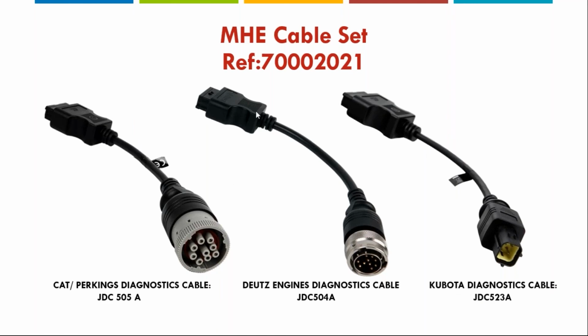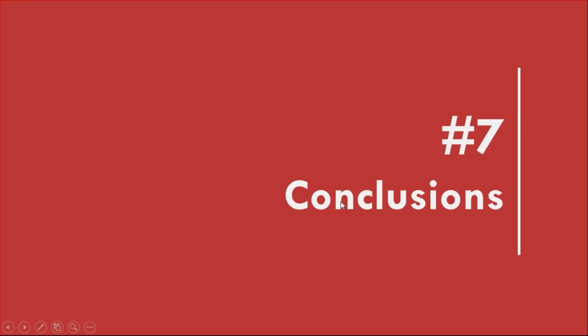These 3 connectors will allow you to connect to most of the material handling equipment vehicles, and to do all that performance, all the calibrations. Of course, we have a larger variety of connectors that you can ask your dealer to get.